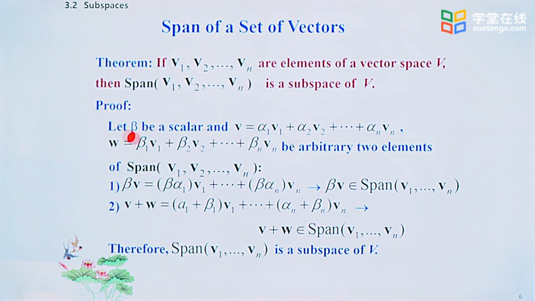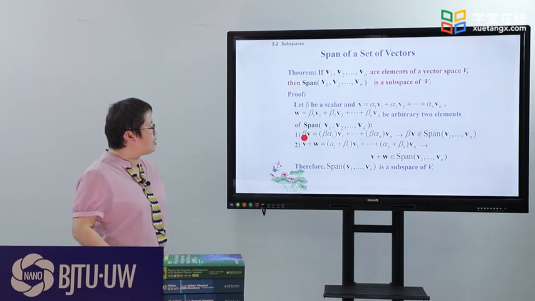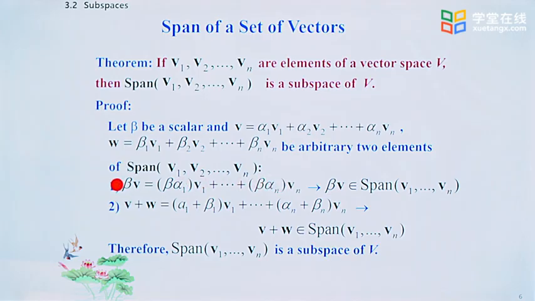Let beta be a scalar, and let V be written as a linear combination of given vectors V1, V2 till Vn, and W also a linear combination of these vectors with scalars beta 1, beta 2 till beta n. So these are two arbitrary elements in this span. Then we check beta times V, where beta is an arbitrary real number.